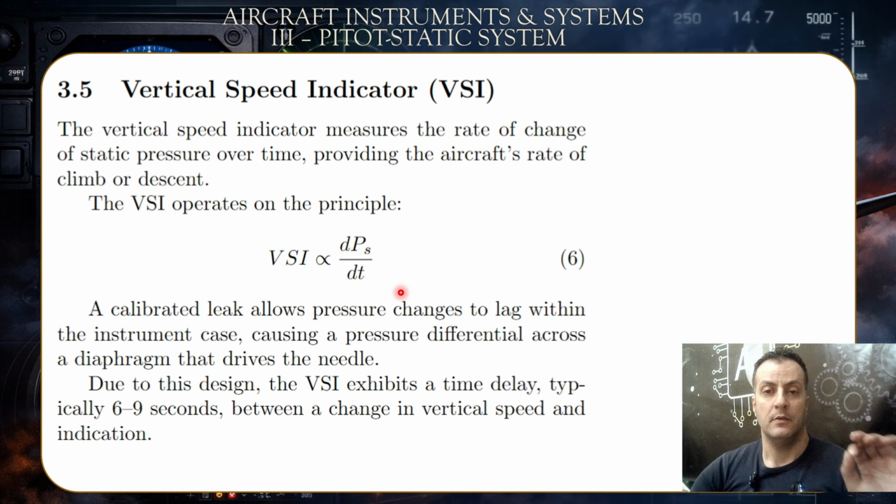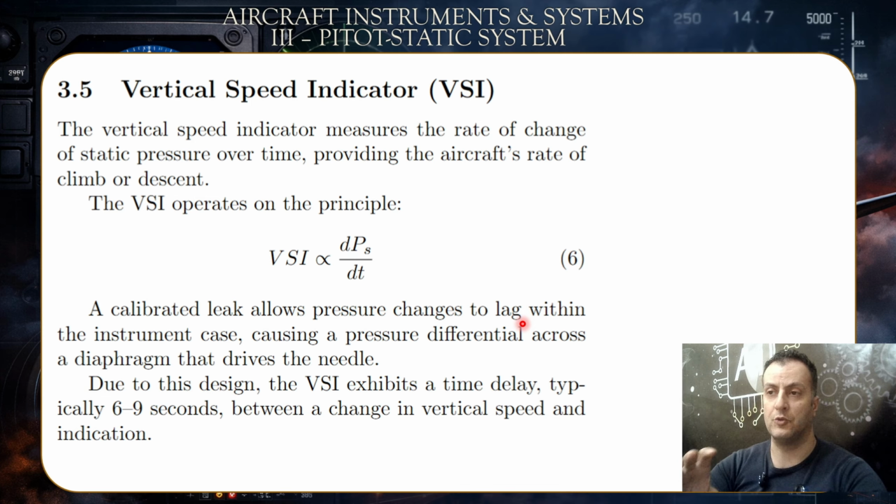Now, you have a calibrated leak which allows the pressure changes to lag within the instrument in order to be able to measure the difference between the actual static pressure, the static pressure at this moment, and the former static pressure.